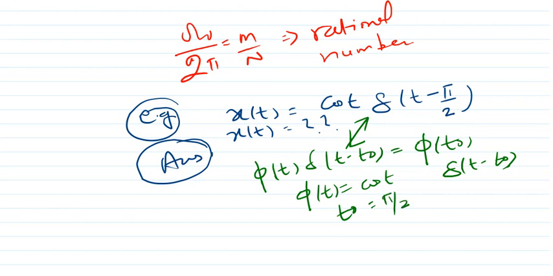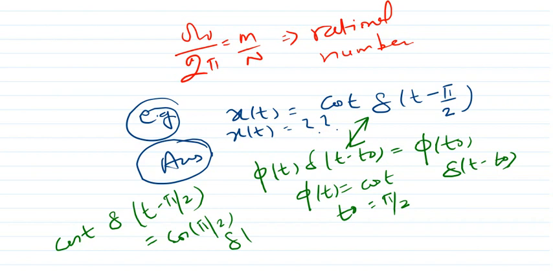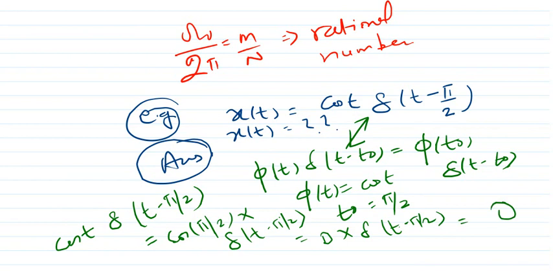So we will get cos t multiplied by delta(t minus pi by 2), which is nothing but cos(pi by 2) delta(t minus pi by 2). What is cos pi by 2? It is 0, times delta(t minus pi by 2). So finally we are getting 0.